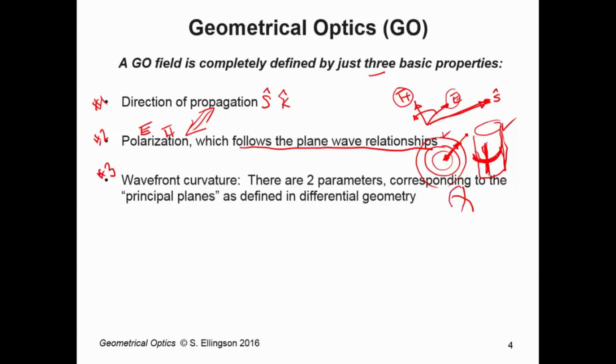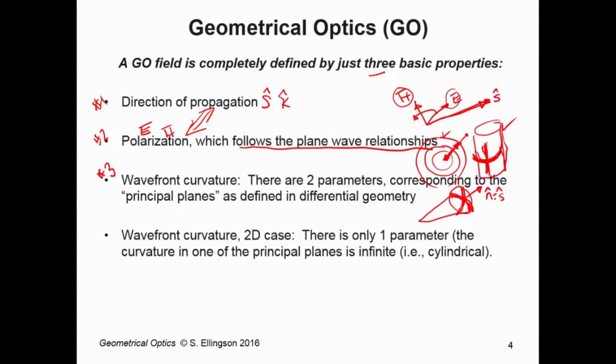So I can think of some propagating tube of energy, and it's got curvature in one direction and a different curvature in a different direction. I can still define a normal to that surface, the surface being the surface of constant phase, and that's of course equal to the direction of propagation. And then the principal planes will be the planes in which this curvature are maximum and minimum.